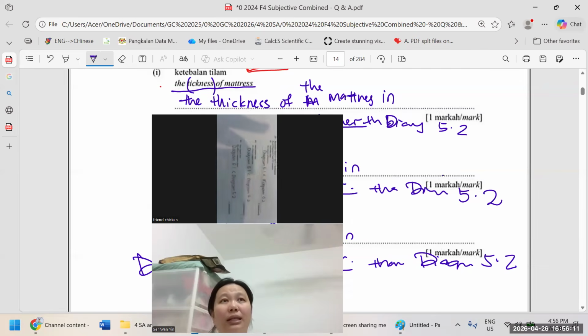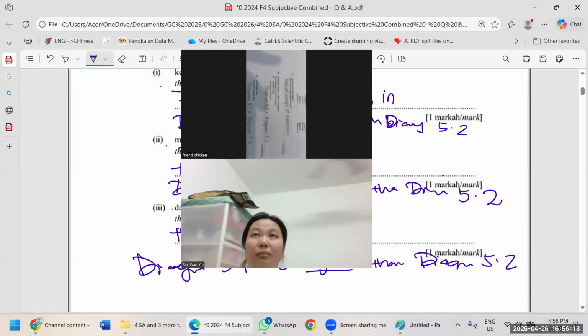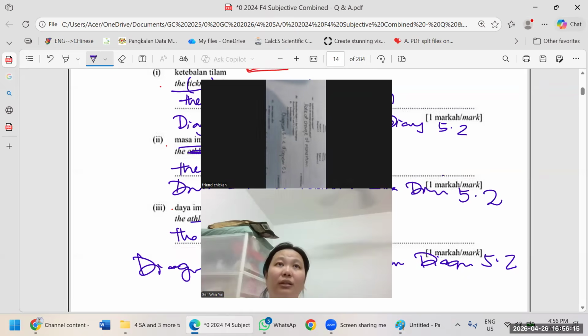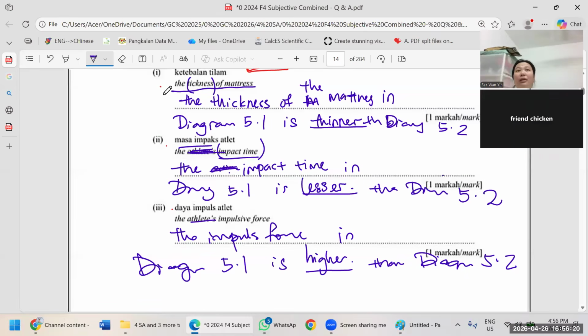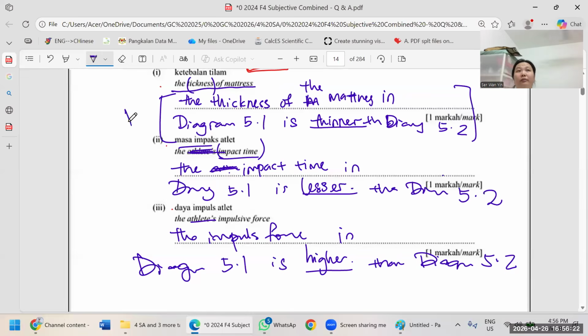Actually, can. I know can, but I just want to advise you not to do that in form 4. Try to make a full sentence in form 4. That one can, definitely can. But I face a problem. I did that for a few years, then I found out my brain is rusty on making sentences for comparison.